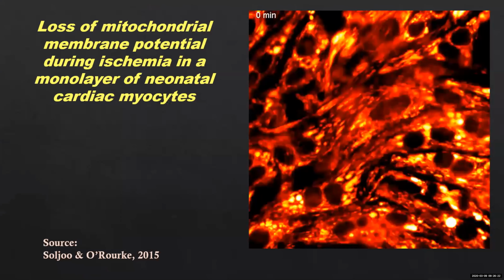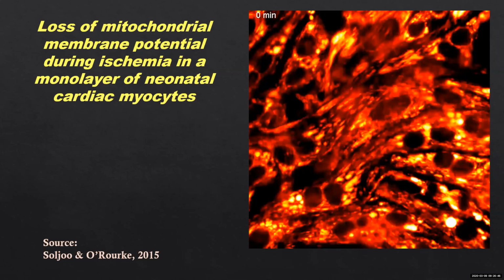And so to test our hypothesis, an experimental system was set up consisting of neonatal cardiac cells that proliferate and form cellular monolayers that have electrical activity, and therefore they are electrically coupled and able to conduct electrical propagation.